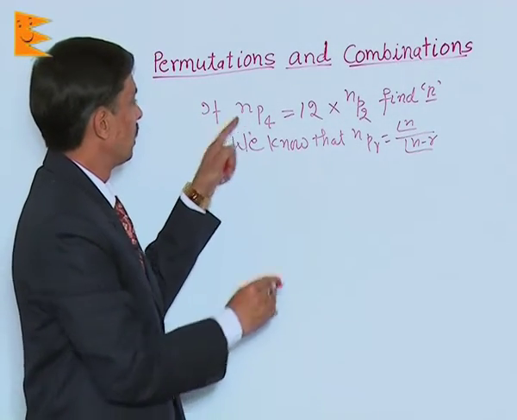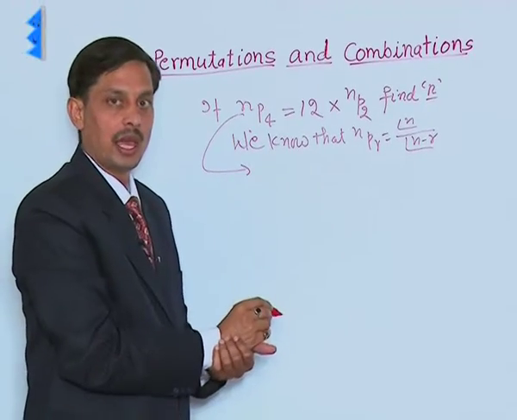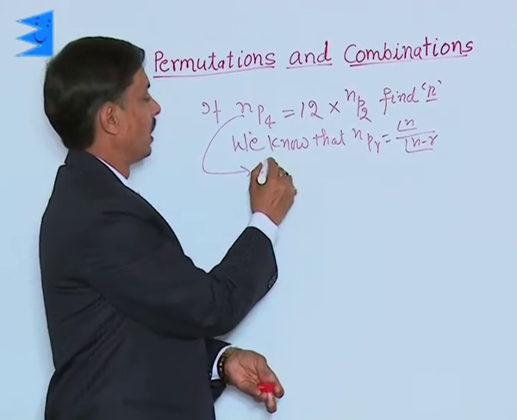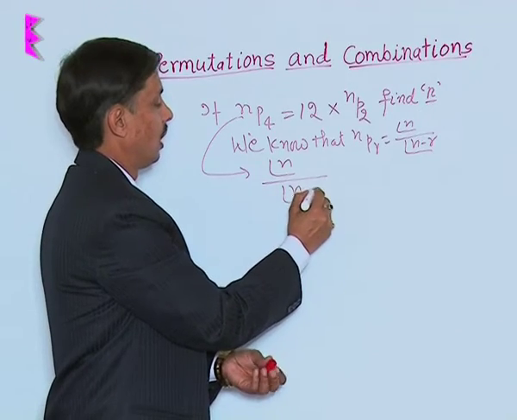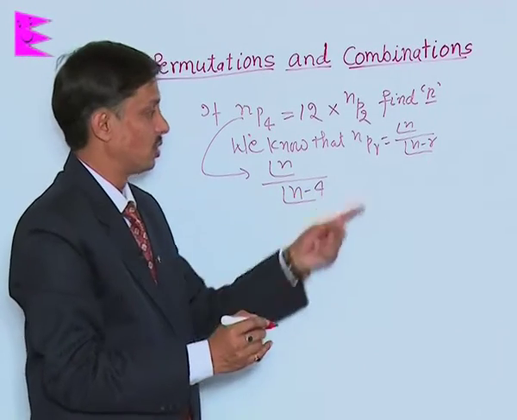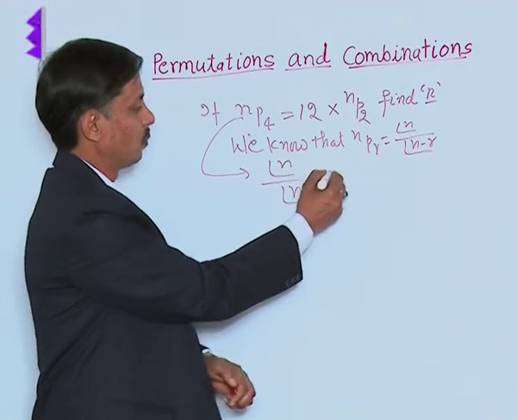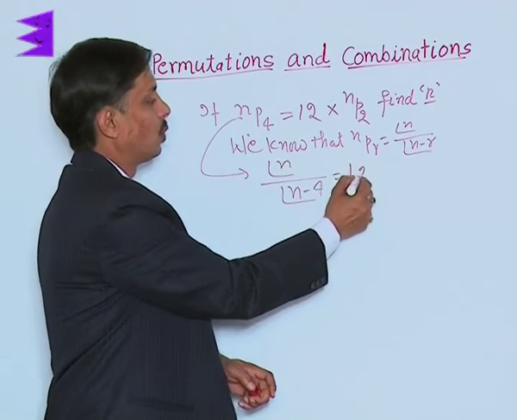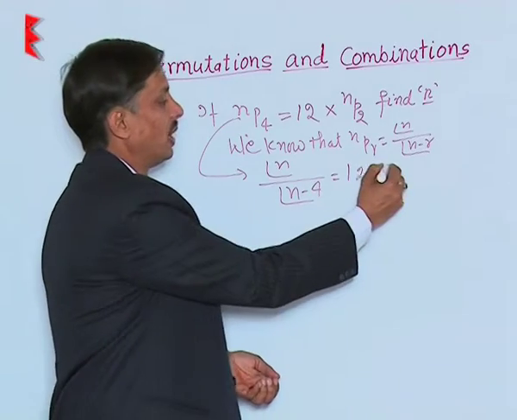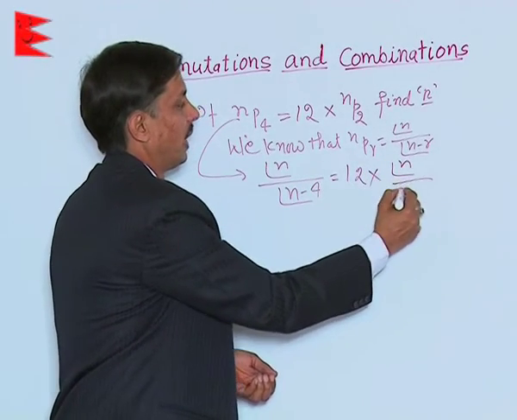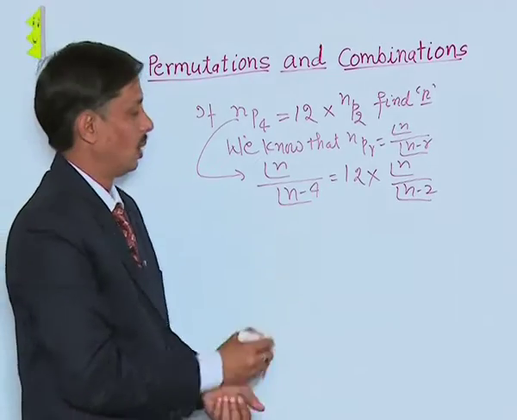So here in this problem, the left hand side nP4 will be written as factorial n upon factorial n minus 4, because in this formula r is replaced by 4, which equals 12 into nP2, meaning factorial n upon factorial n minus 2.